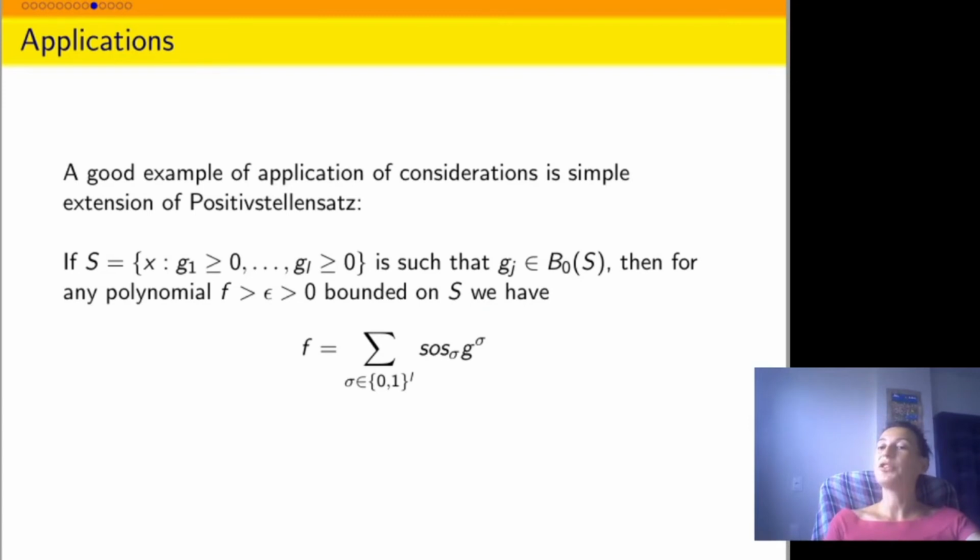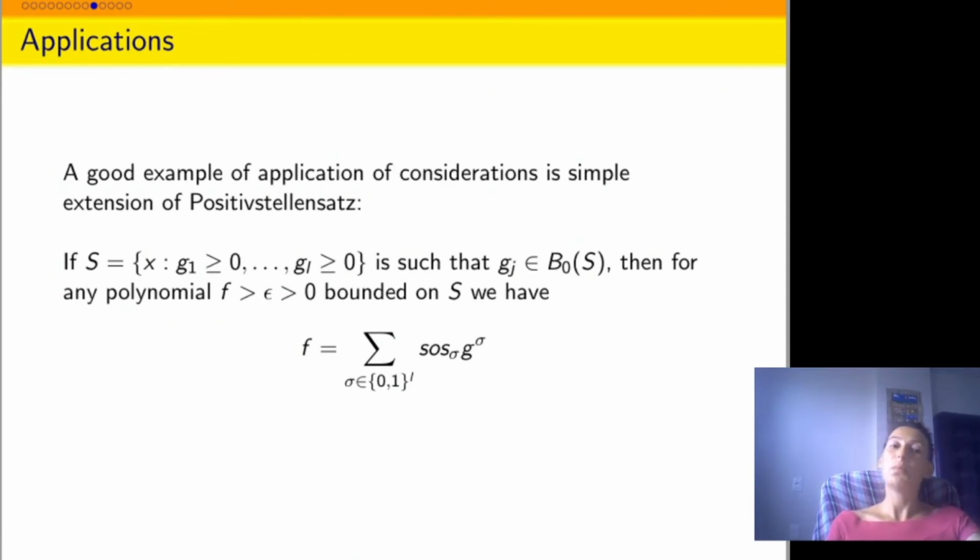But in the quasi-homogeneous case, we have a description of the set of bounded polynomials. So we can verify easily the assumption that follows. So this set is given by g1, ..., gL bigger or equal 0, such that they are bounded on S. So in the case of weighted homogeneous sets as given in the corollary before, we can verify whether they satisfy this condition in a constructive way.